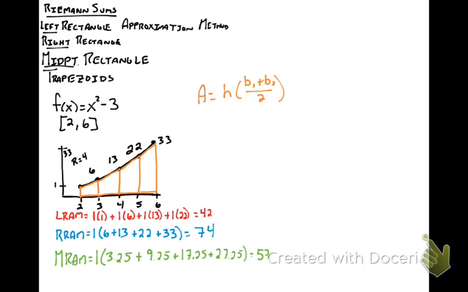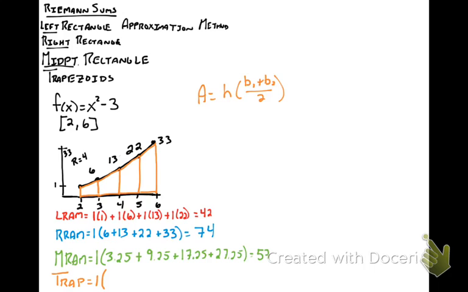So when I have to do the trapezoid method, I'm just setting this up. I know that the height of all of my trapezoids is 1, so that'll stay the same. And then that height is going to get distributed to the average of the bases.